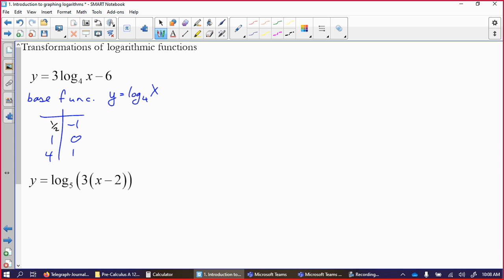Same idea as we've done before. That's a vertical stretch. That's our horizontal stretch.